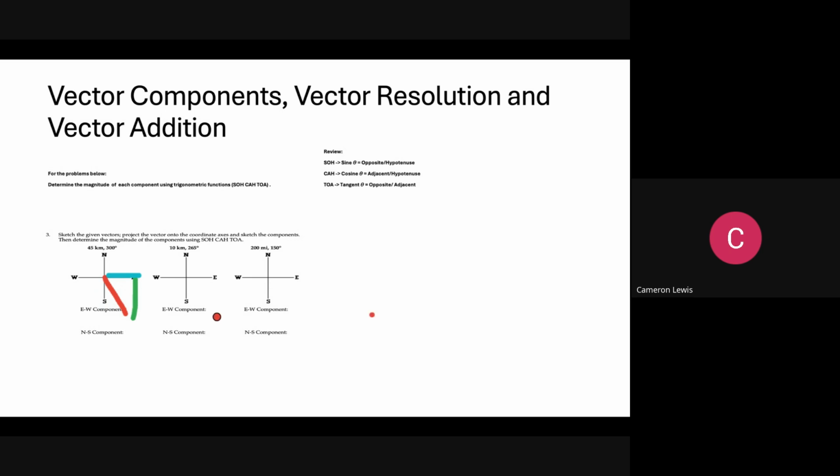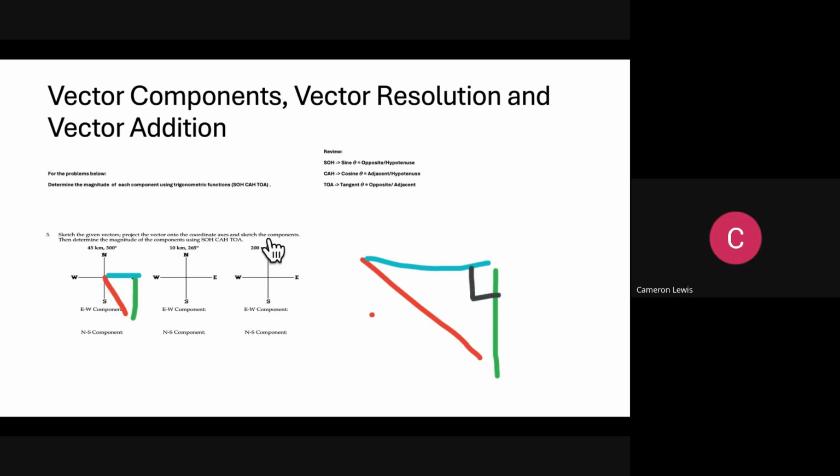Say this is my original vector, and it's created by these two components, blue and green. What shape does that look like? A right triangle.